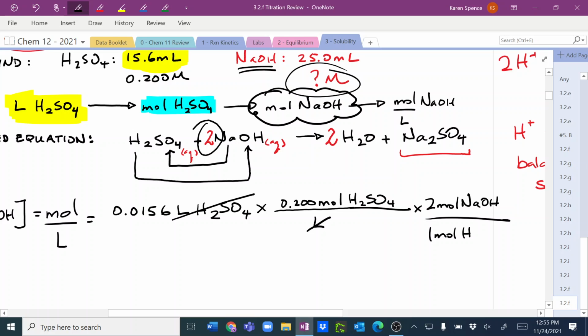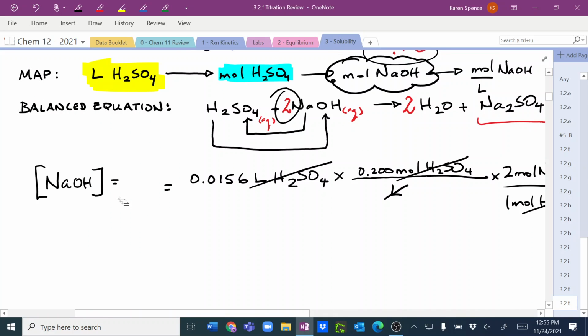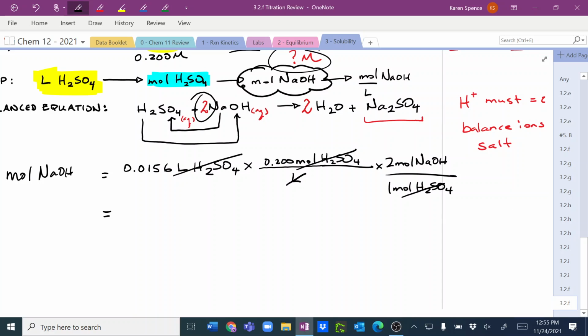We're just going to find moles of NaOH instead, because I have enough room to write this, and then I'll do the concentration on the next line. So now I've got a string here, and my moles of NaOH are 0.0156 times 0.2 times 2, which is 6.24 times 10 to the minus 3 moles of NaOH.